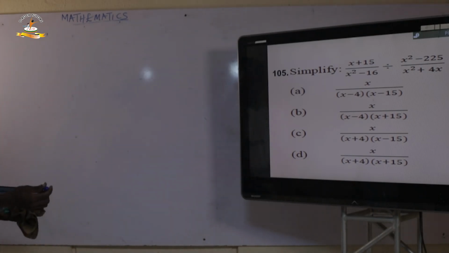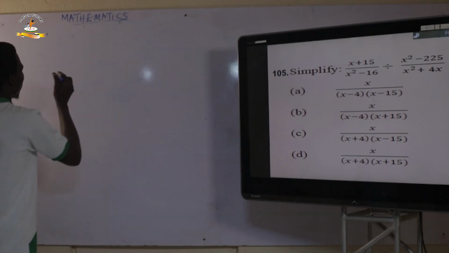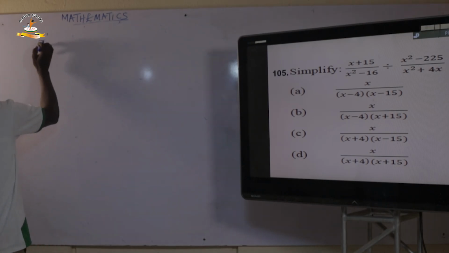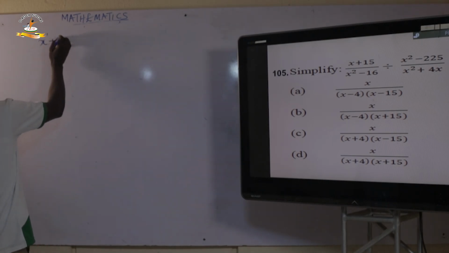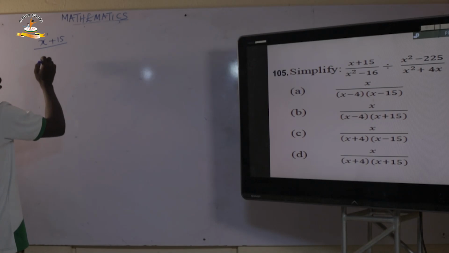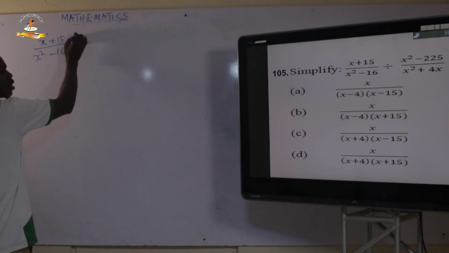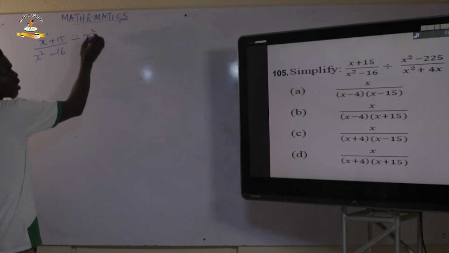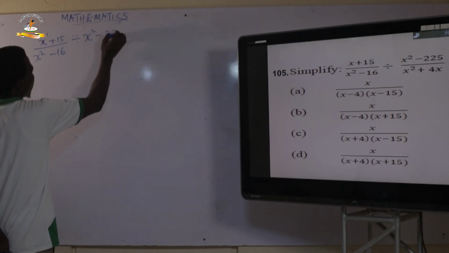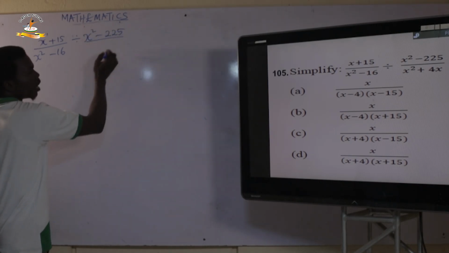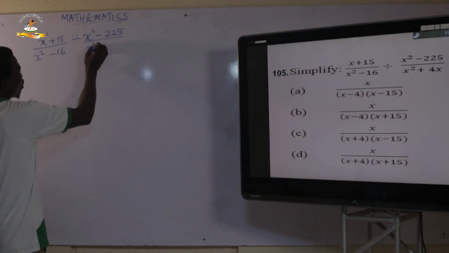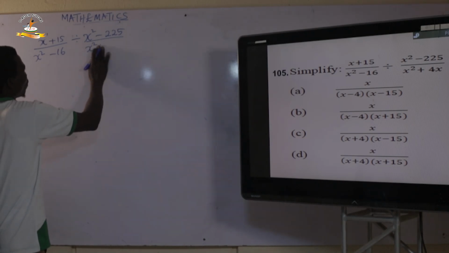And this is how to go about it. So I write x plus 15 all by x squared minus 16 divided by x squared minus 225 all by x squared plus 4x.